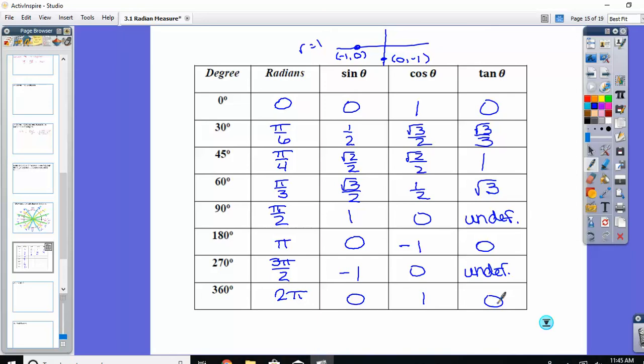Here, all I want to do to finish off today is practice evaluating trig functions with radians instead of angles. So, like that last page on your test where I would say, what's the cosine of 45 degrees? Now I'm just going to say, what's the cosine of pi over 4? So I'm asking the same question, just in a different way.